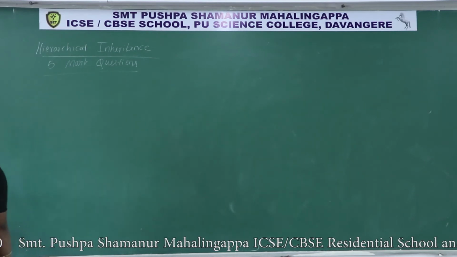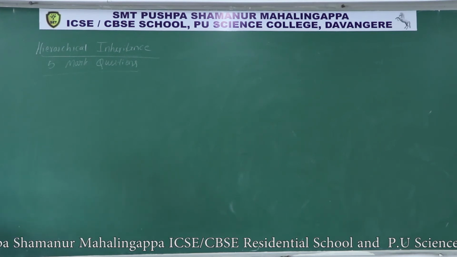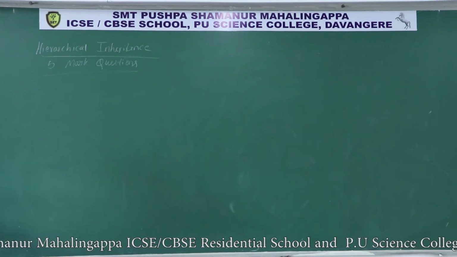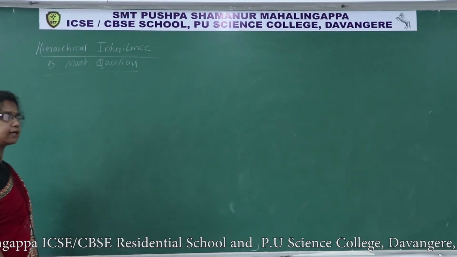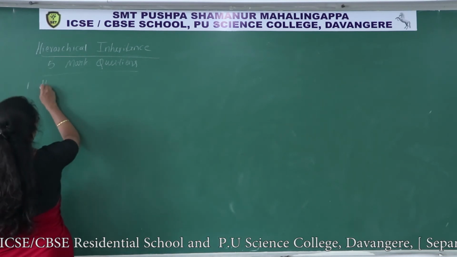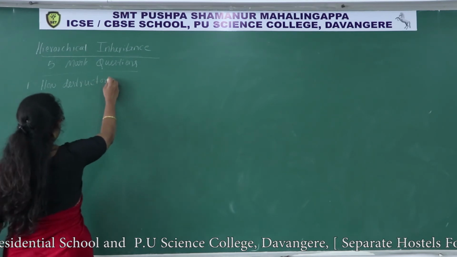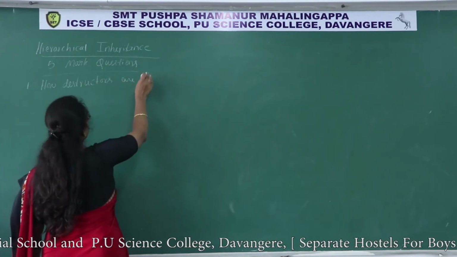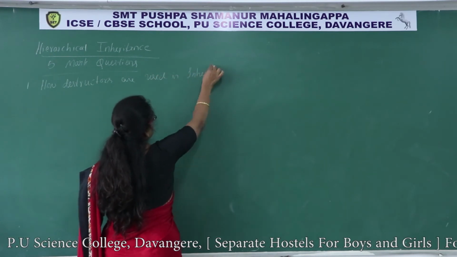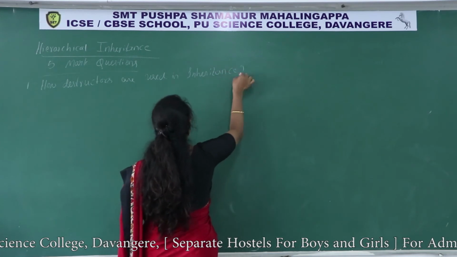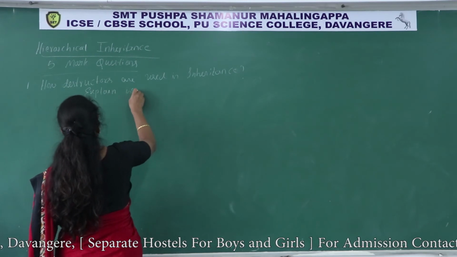Now the next question is, how are destructors used in inheritance? Explain with an example.